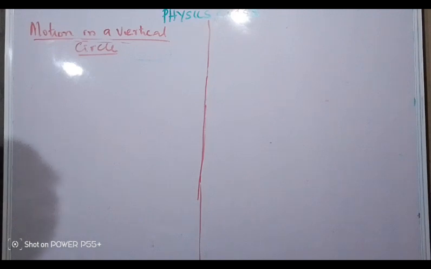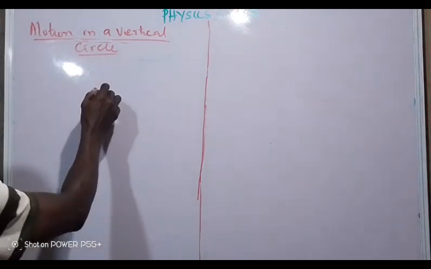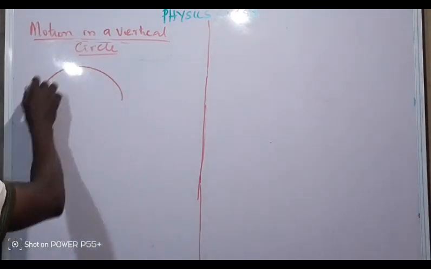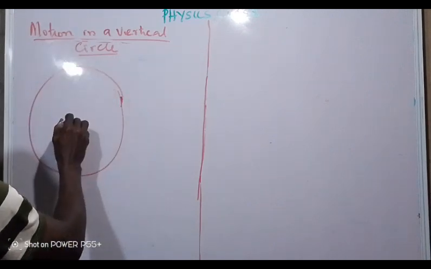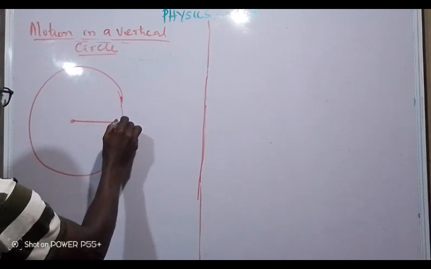Let's now move to motion in a vertical circle. That is, when you have an object moving in a vertical circle, what are the necessary things? Let's say this is an object moving around this circular path.